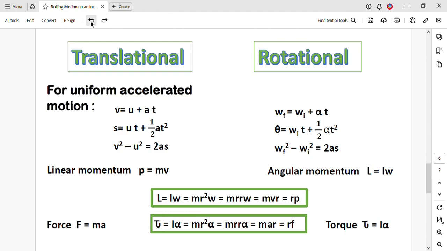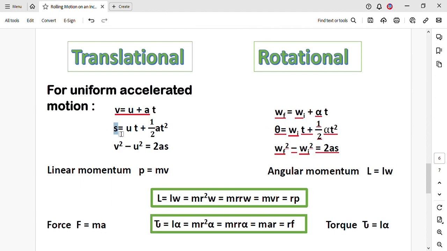In rotation motion, alpha is constant, and we write omega final, the final angular velocity, and omega initial, the initial angular velocity, in place of u. So this is the first equation of motion, this is the second, and this is the third.